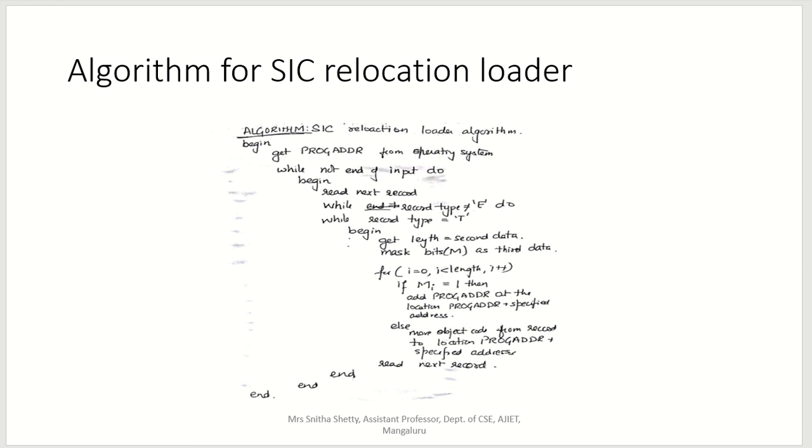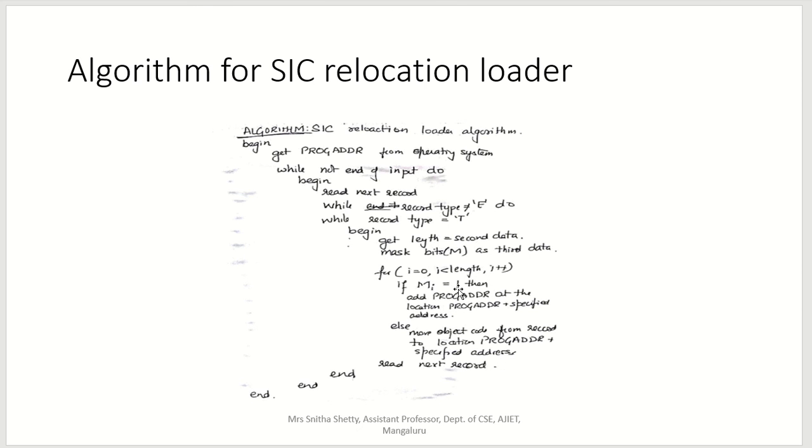So in the algorithm we are saying, get the length of the second data, and the mask bit is the third data. So if the mask bit I equals 0, I less than length, until the mask bit is 1, keep on adding the program address plus the specified address. If the mask bit is 1, what is the meaning? The relocation is required.